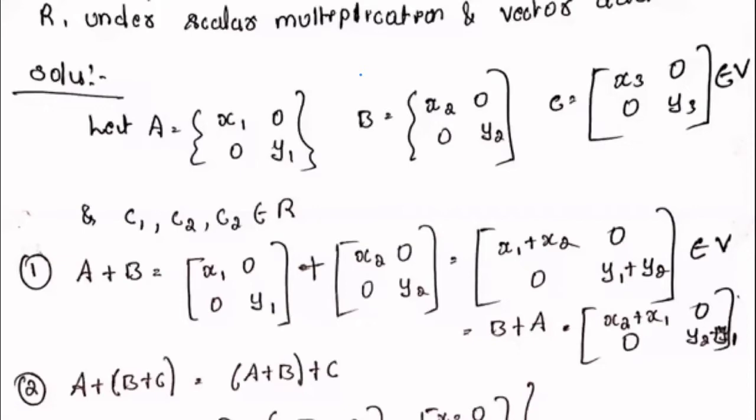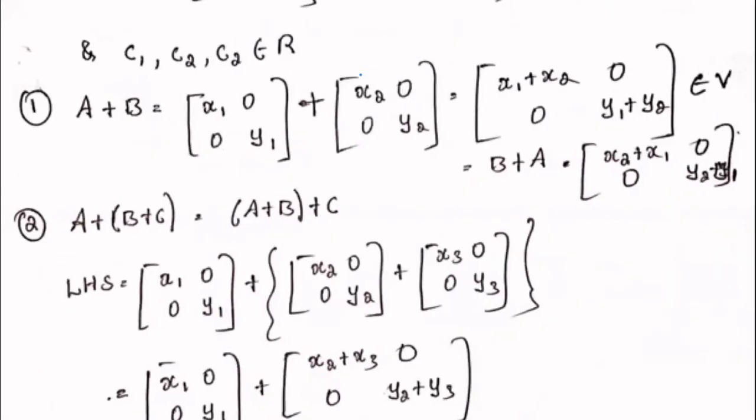So we have to prove that A, B, C belong to V. Now the first condition is the commutative law. A plus B should be equal to B plus A. A is [x1 0; 0 y1] and B is [x2 0; 0 y2]. You add these two matrices.